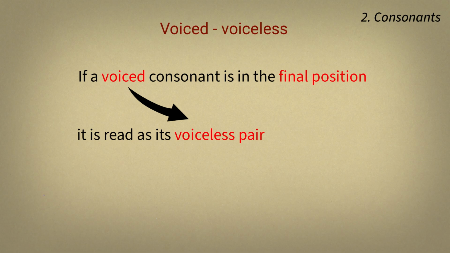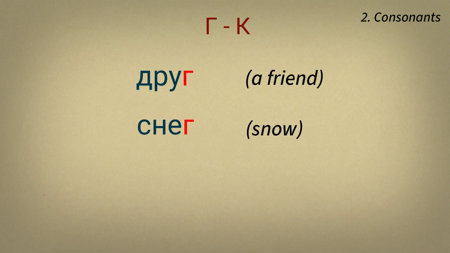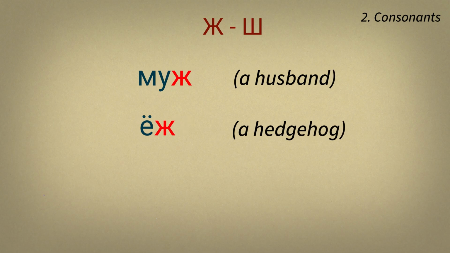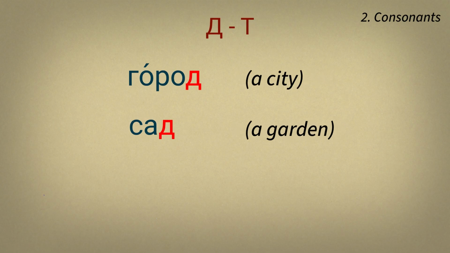For example, G is pronounced as K in the following words: друг, снег. Ж is pronounced as Sh: муж, еж. Д is pronounced as T: город, сад, and so on.